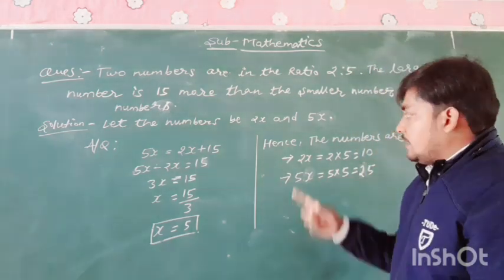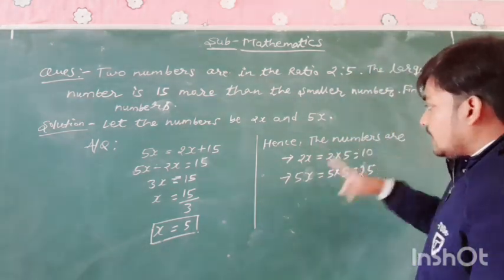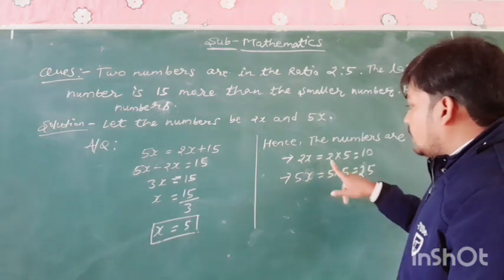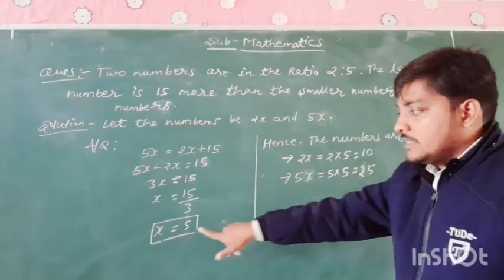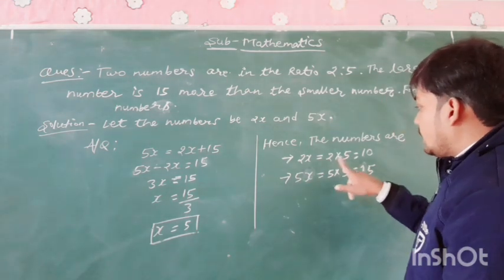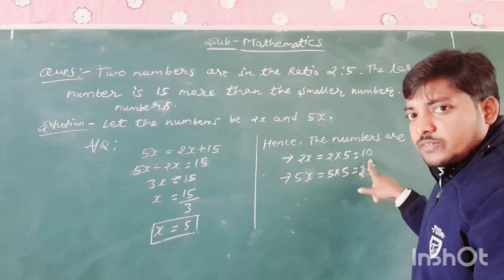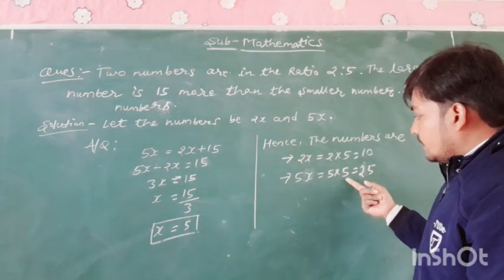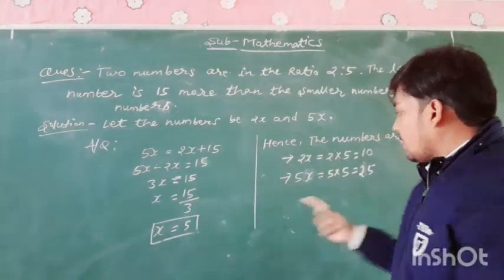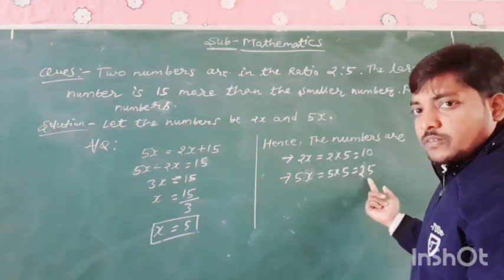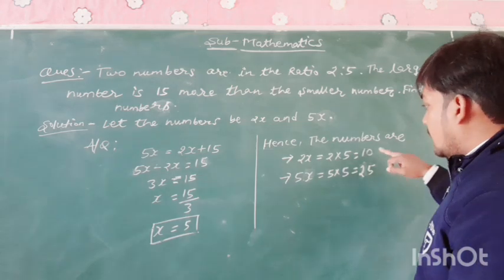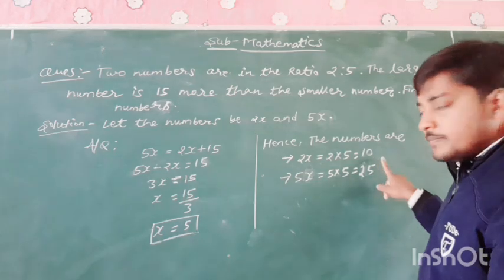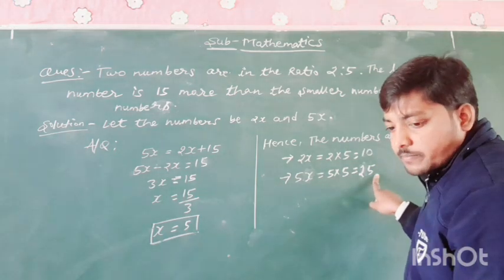Then clearly, the numbers are 2x, which is equal to 2 into 5, which is 10, and 5x, which is 5 into 5, which is equal to 25. So the numbers are 10 and 25. Here the smaller number is 10 and the larger number is 25.